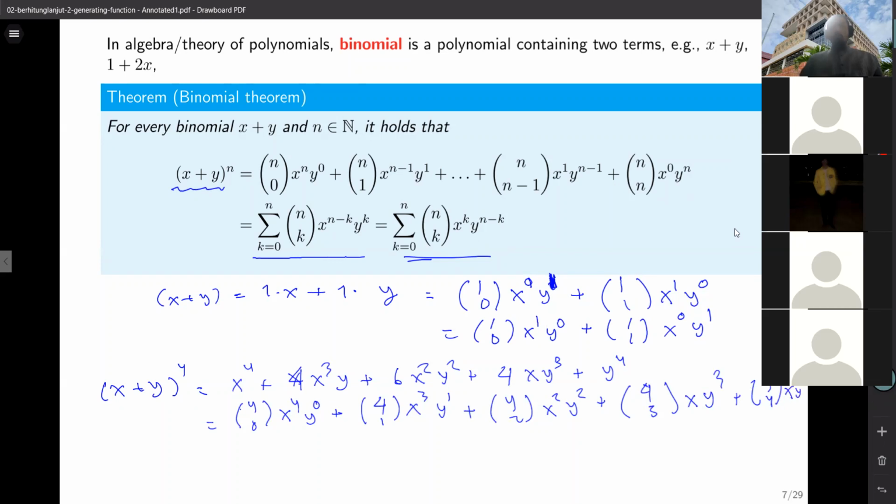Yeah. Now, of course, you know that n choose k is equal to n choose n minus k, all right?